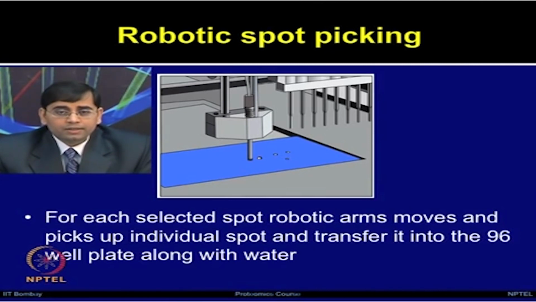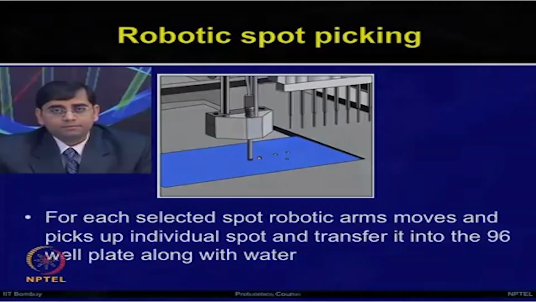For each selected spot, the robotic arm moves and picks up the individual spot. You can set up the x, y coordinates in the software, and based on the location of the map of spots present on the gel, it can go and excise the spots from the gel. Then they can be transferred to the 96 well plate for further processing.